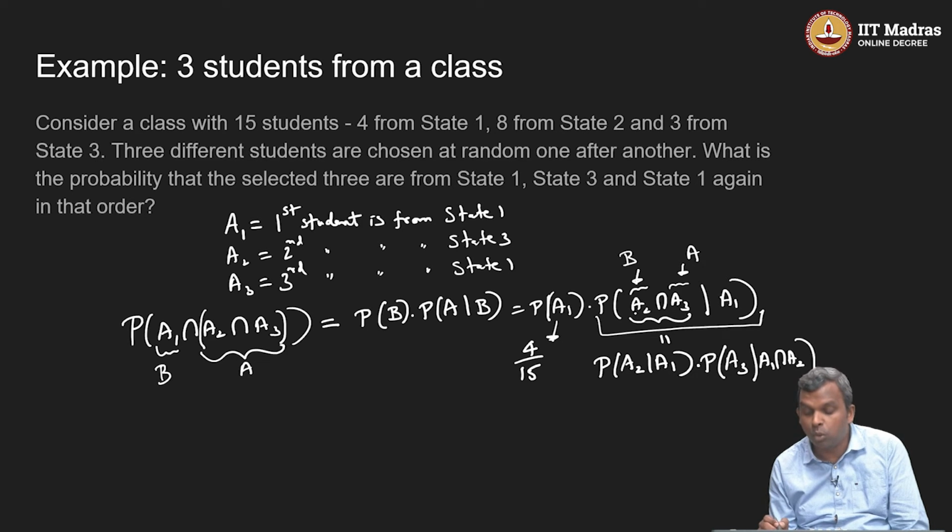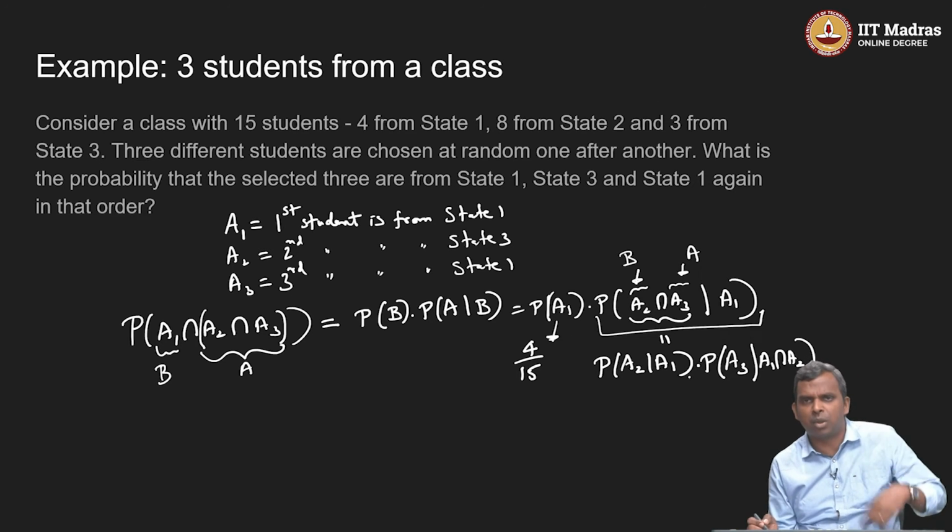I have a step 2, and then I have a step 3. So once I move to the conditional space, I can do a further conditioning. For that, I say A2 first. I split it as A2 intersect A3. So I have A2 given A1 times A3 given A1 intersect A2. This is sort of a formal result that you can keep repeating this conditioning. If you look at your book, this is stated as a formal theorem and all that.